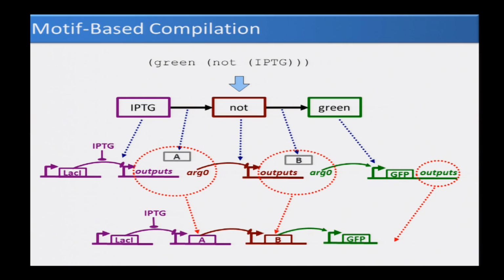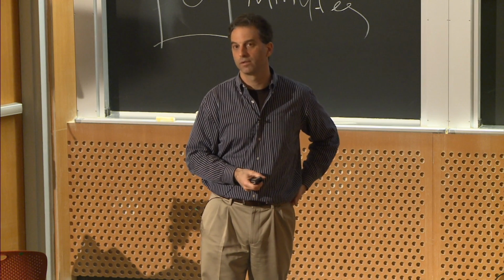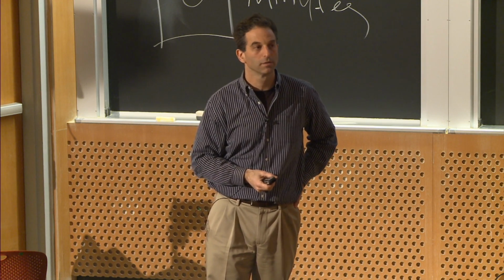Can anybody look at this and figure out why this is not perfect? We have an input that represses a repressor, which means more input, more protein A, which represses B, which activates GFP. The compiler spits that out automatically, but you may not want to build this right away.